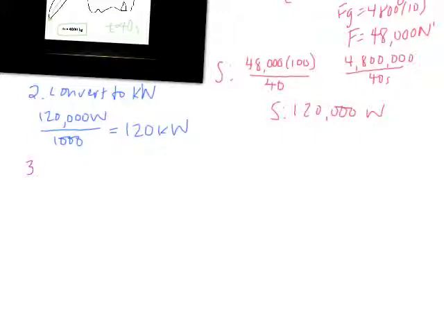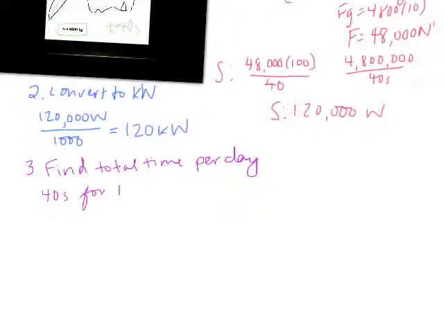Step 3 is to find total time per day. We know that it takes 40 seconds for one roller coaster, which I'm going to abbreviate RC from now.